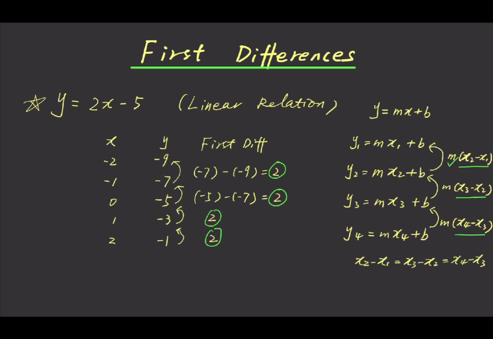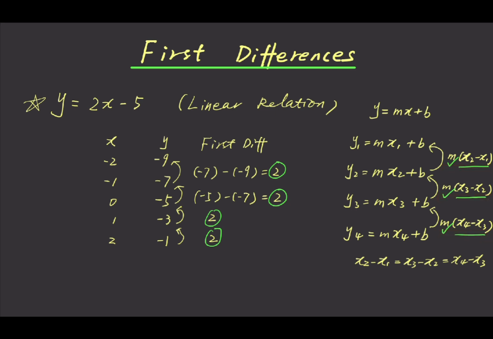Here, m is the slope. So we can get the conclusion: these expressions are equal to each other. So we say the first differences are the same number, a constant.